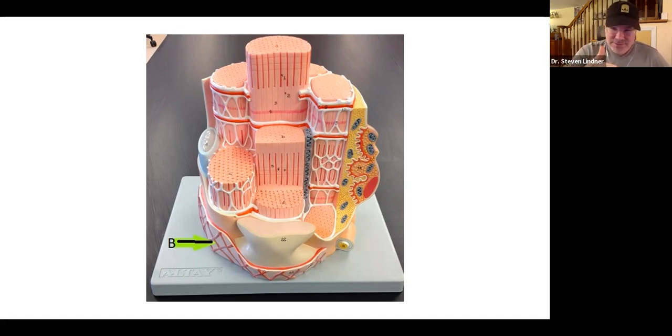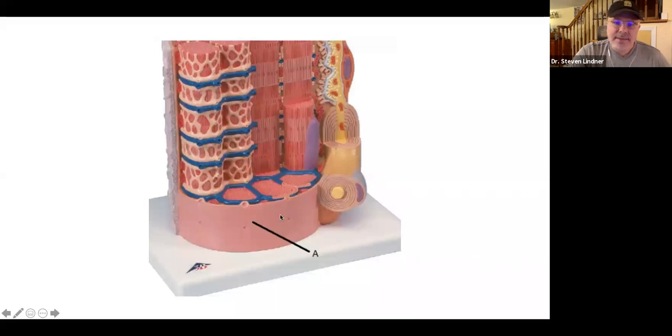In muscles, there is an endomysium, a perimysium, and an epimysium. So this one closest to the inside here, this is the endomysium. This layer is called the sarcolemma, not the sarcomere, but the sarcolemma. It has two M's.